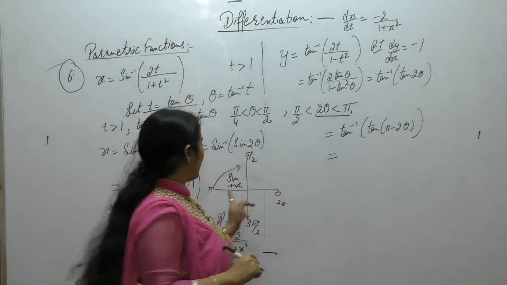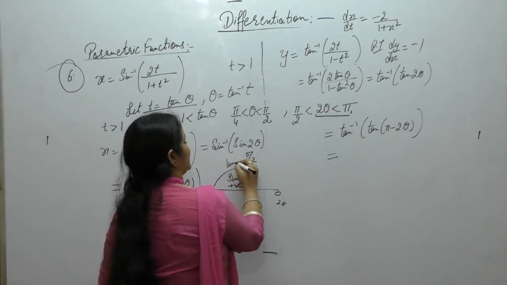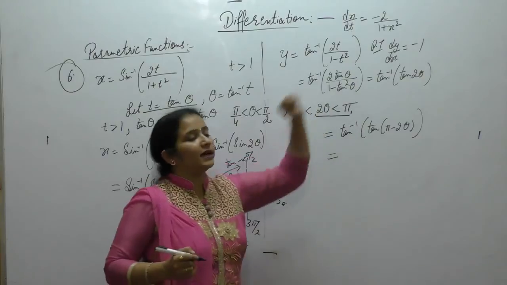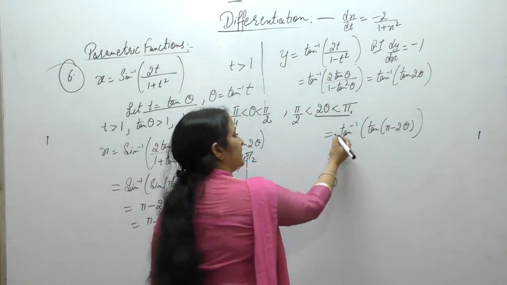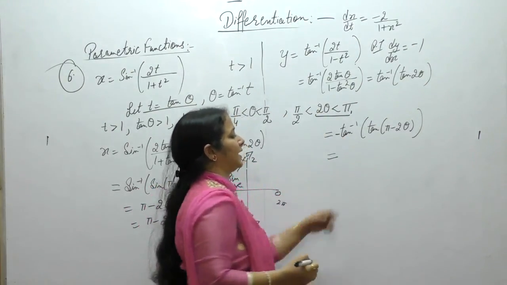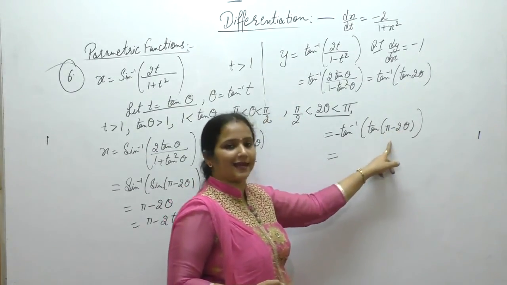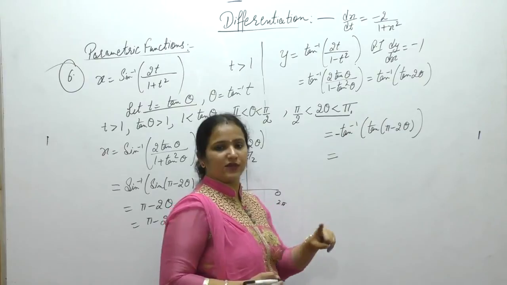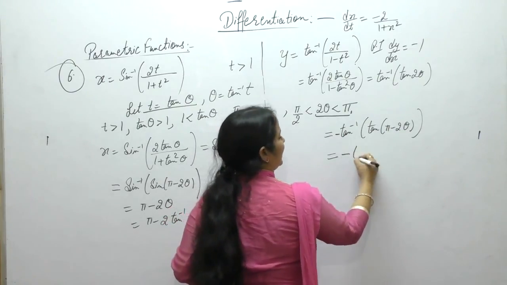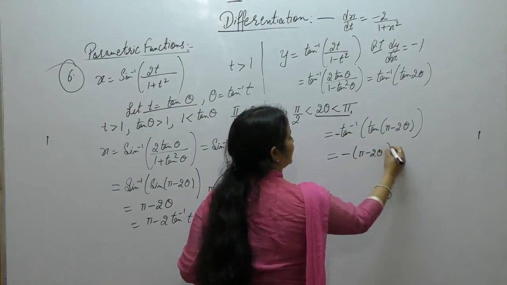But tan of pi minus 2 theta, tan is negative here. But here we have this positive term, so take the negative outside. Because tan of pi minus 2 theta is minus tan 2 theta, minus minus will be plus. So we get minus of pi minus 2 theta.